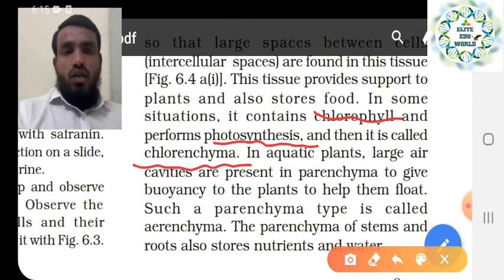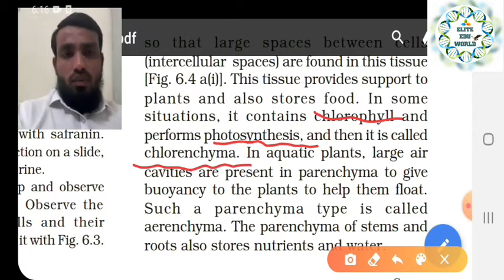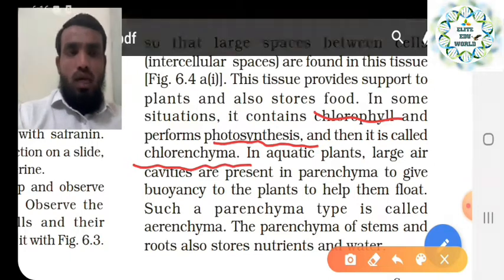And then there is the parenchyma in aquatic plants. We have seen parenchyma which has chlorophyll, so it is given the name chlorenchyma. If the parenchyma cells are present in aquatic plants, large air cavities are present in the parenchyma to give buoyancy to the plant to help it float.